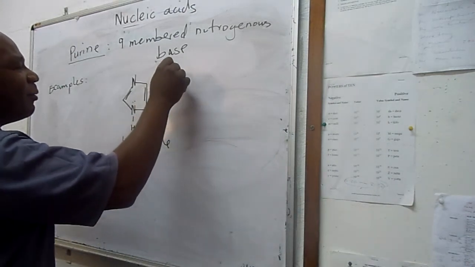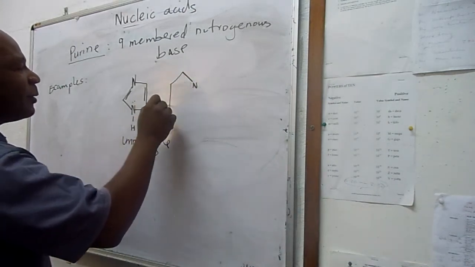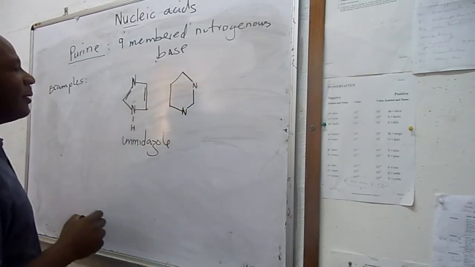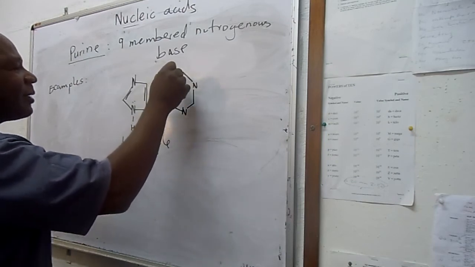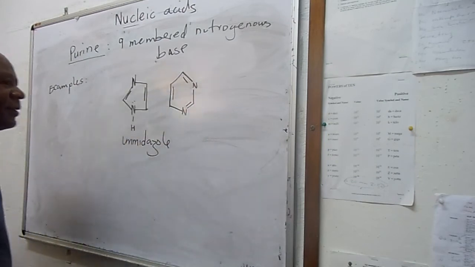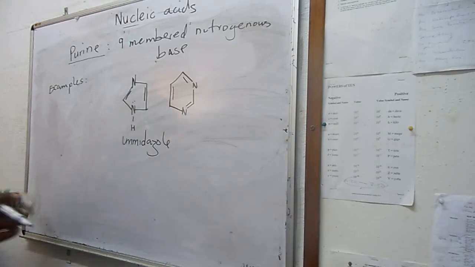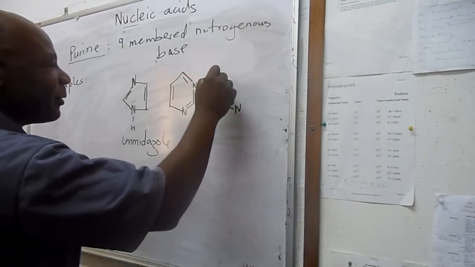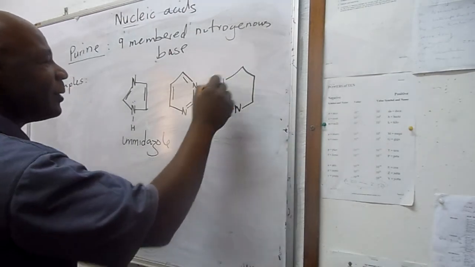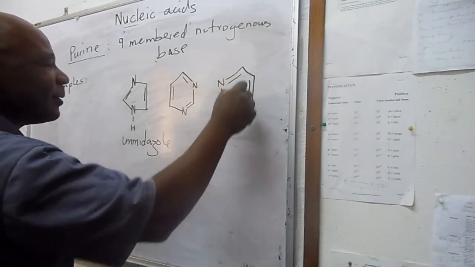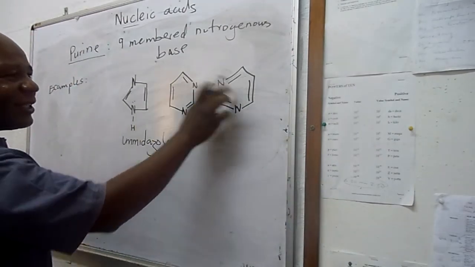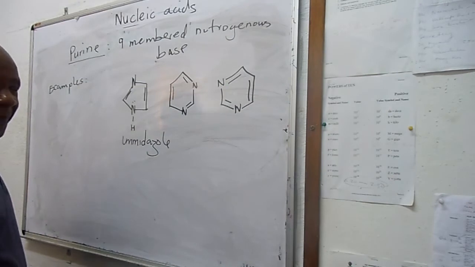What is the name of this structure I'm drawing? I'm sure you are going to get lost. Or what's the name of the structure I'm now drawing? If you look at this and this, are they the same?